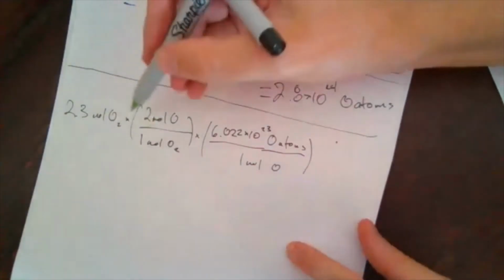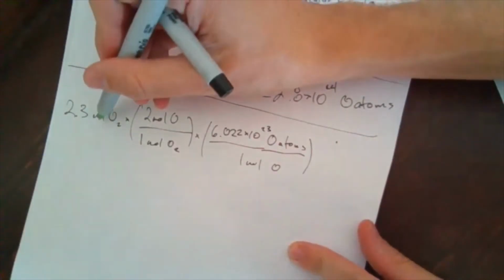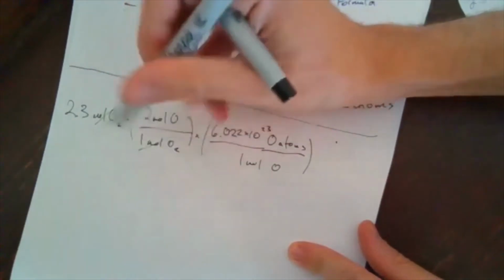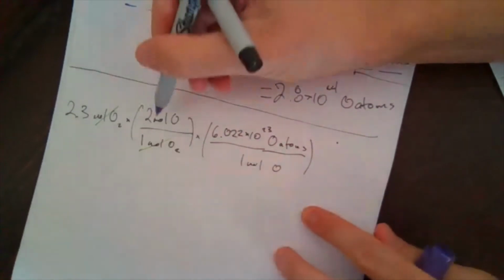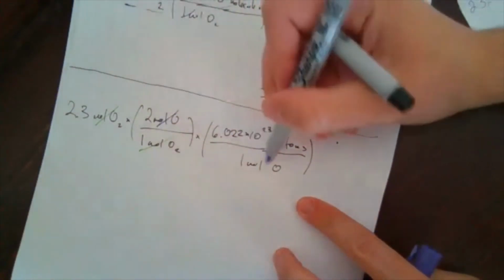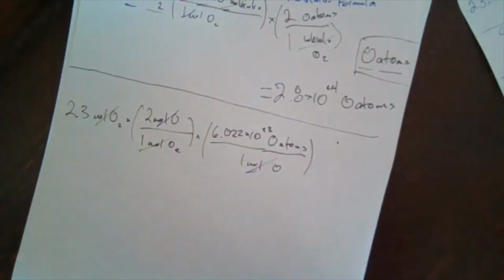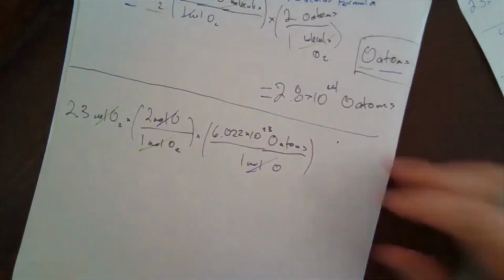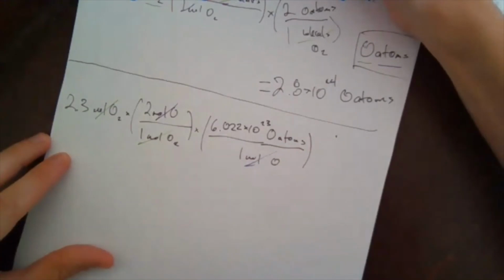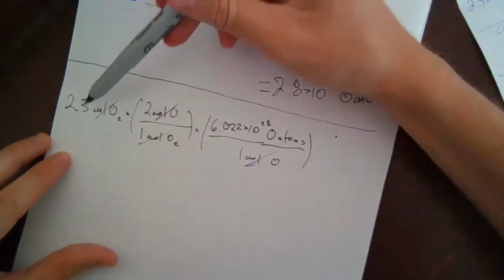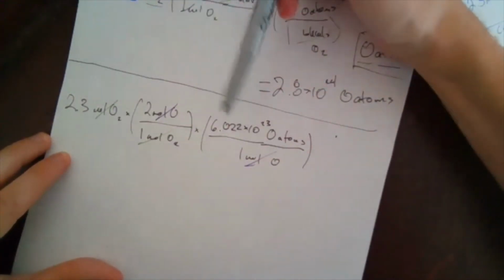This is the same idea in that I'm dealing with going from O2 to O first, and then I'm going from moles of O into O atoms. And as we'd expect, you can see I basically multiply 2.3 times 6.022 times 2. Here I just do 2.3, the 6.022 times 2.